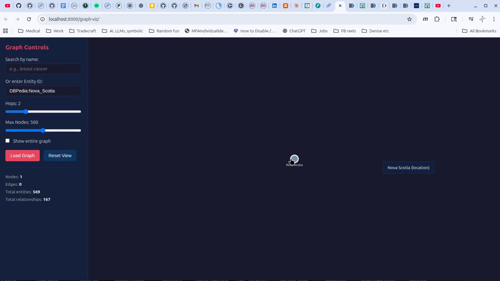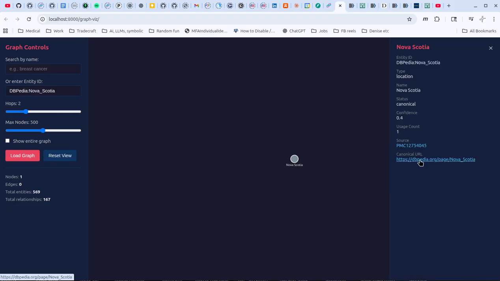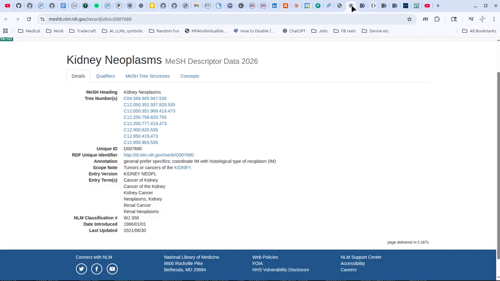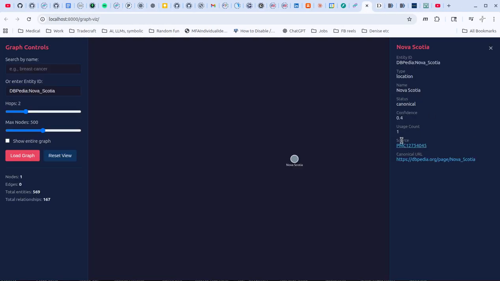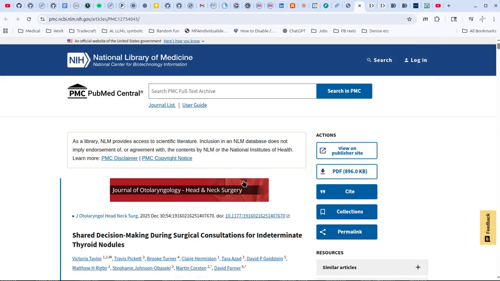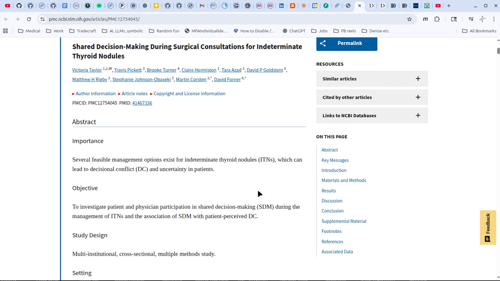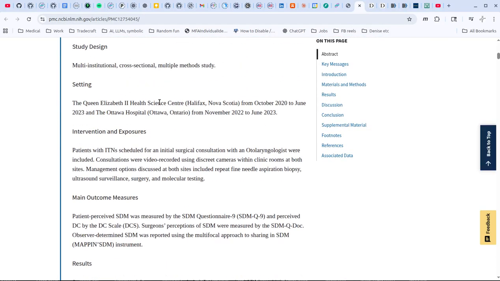But if we click on it, we at least can, oh, here's the paper that mentioned it. Let me get rid of some of these other papers so that we can look at this stuff. And we'll look at this. So here's the paper that mentions Nova Scotia. Yep, there we are. The work was done in Nova Scotia, some of it anyway.